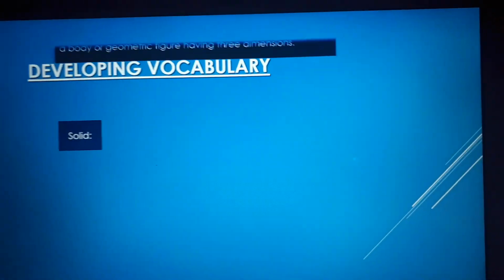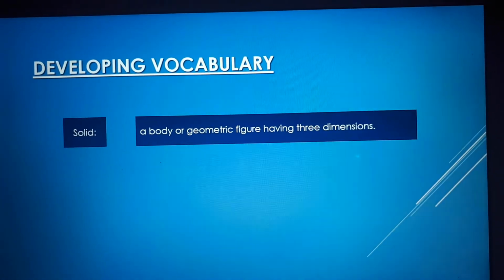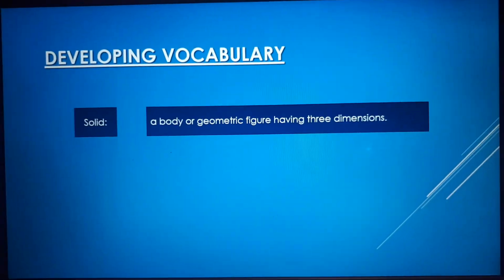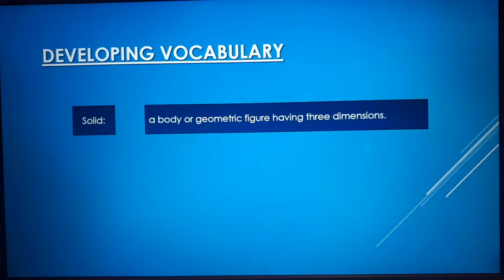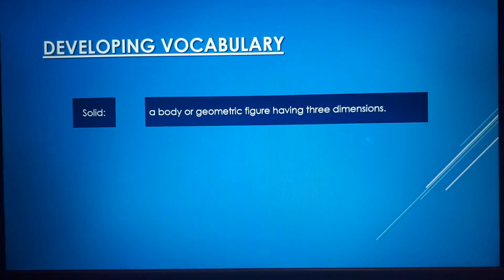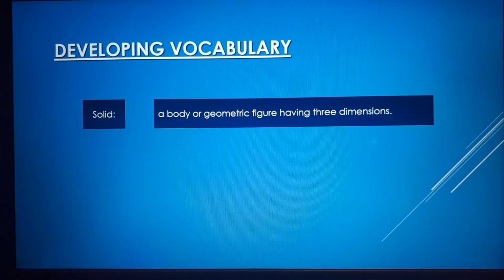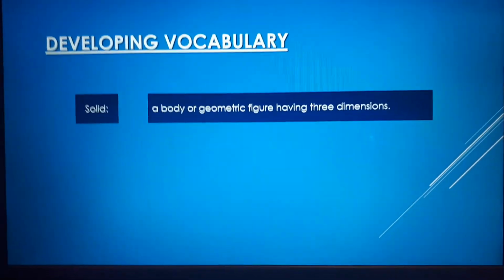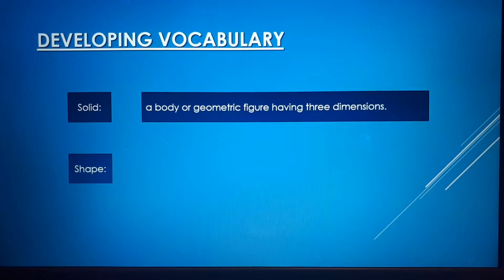As I told you, what do I mean by solid? It is a body or geometric figure that has three-dimensional sides. What is the meaning of three dimensions? Excellent. Length, width, and height. This is the three dimensions.